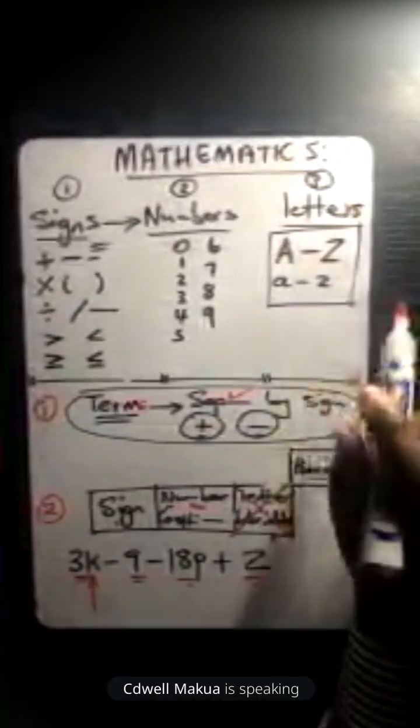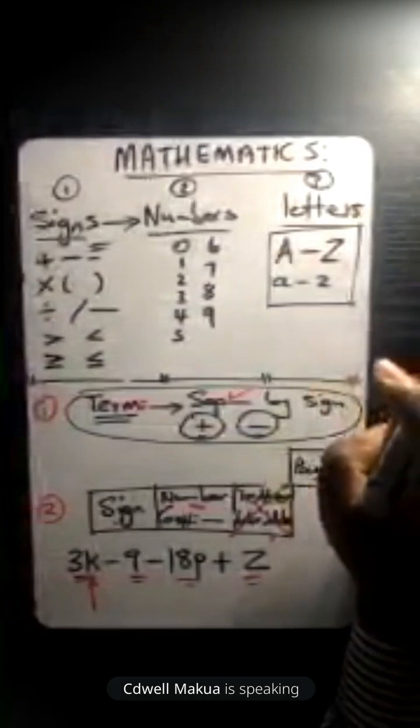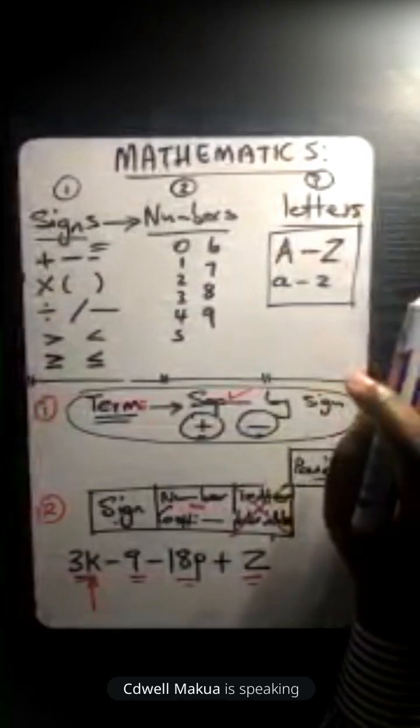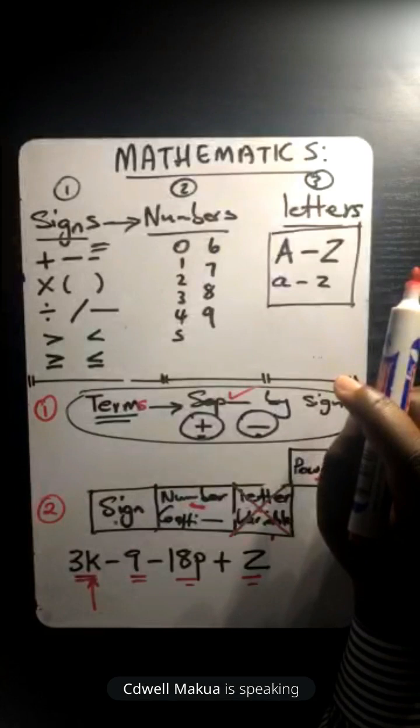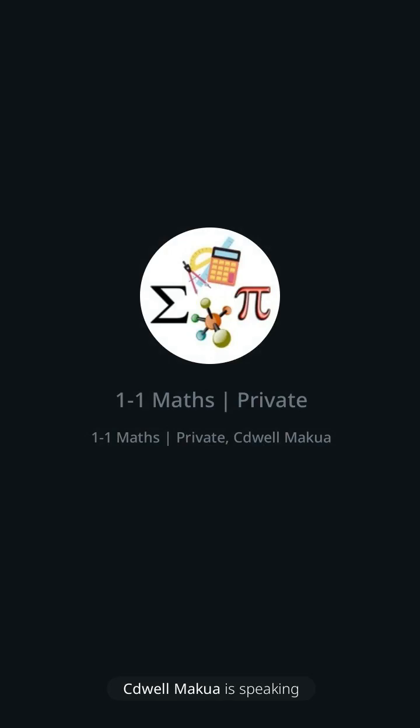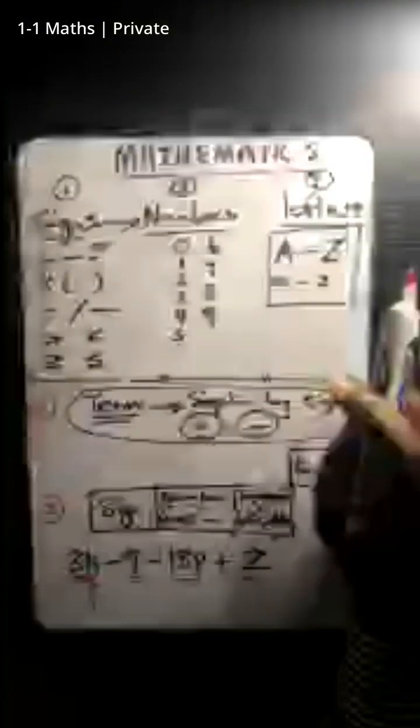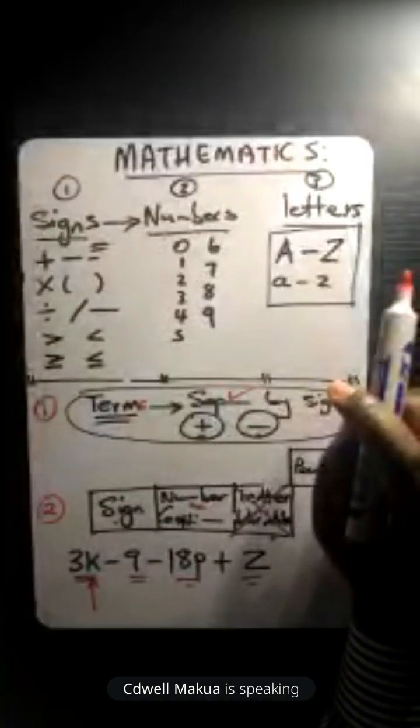Okay, it's gonna be a positive 3. And then positive will be our sign, and then 3 is a number, and then a positive K. Positive 3 is a number, and positive K is a letter.